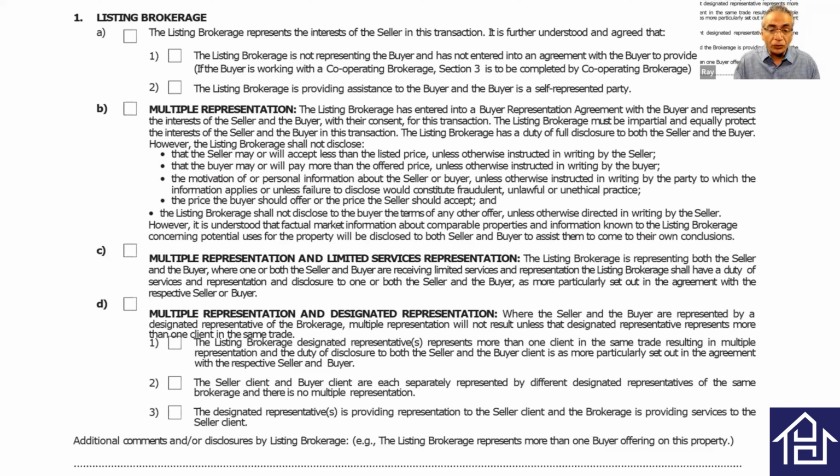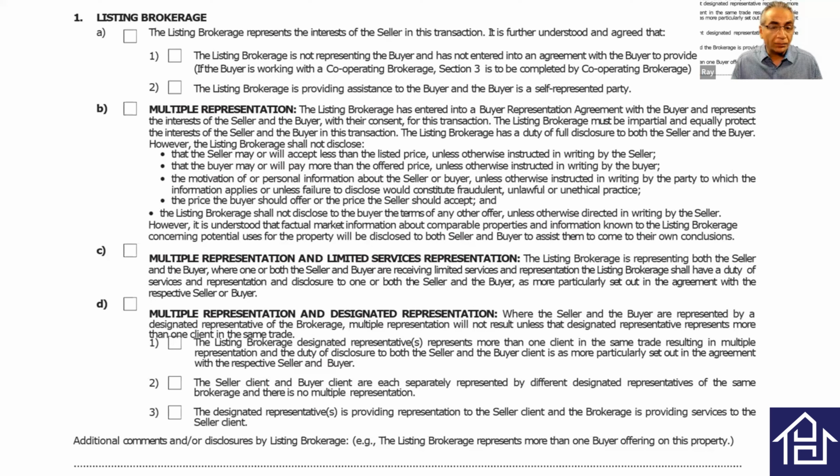With the introduction of SRP, or self-represented party, this is a person that's not represented by anyone and they don't have a salesperson representing them. Therefore, this is the one that we select if the person is acting on their own or getting advice from a lawyer and they don't have a salesperson.